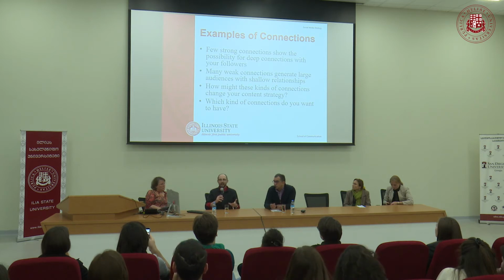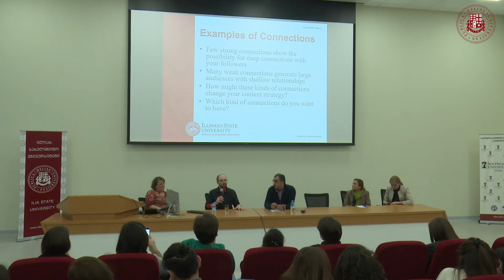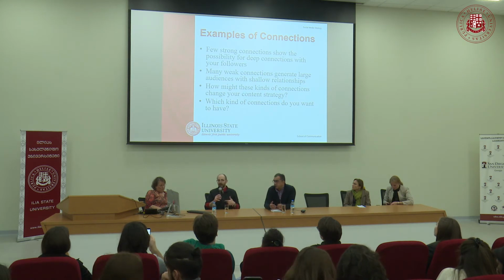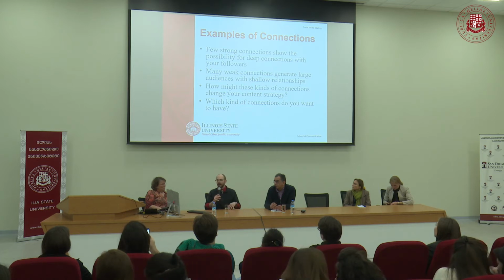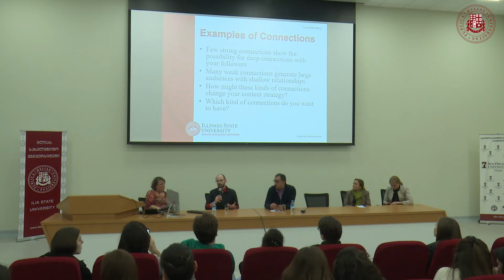It might be, I have a Facebook page and only my closest friends follow it, and we're always communicating in that space, right? That'd be an example of few strong connections. On the other hand, we might have many weak connections, right? I might have tens of thousands of followers, but I don't know any of those people, and they casually interact. Those are huge audiences, but very shallow relationships, right?